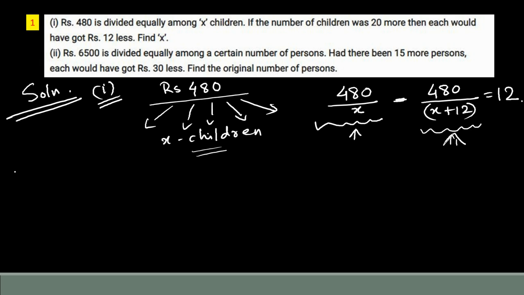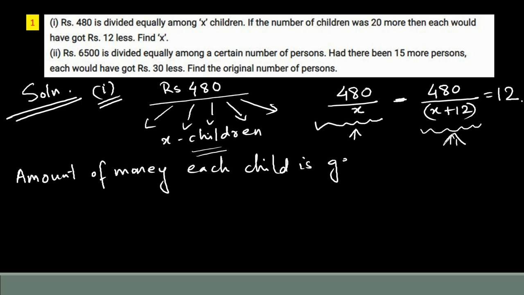Basically, you can write: amount of money each child is getting now equals rupees, how much? 480 divided by x, right?